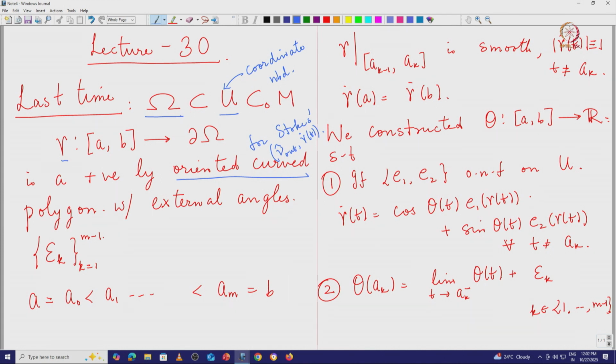Our usual convention is that we have a partition a naught up to am of the interval a to b, so that gamma restricted to ak minus 1 to ak is smooth, and we also parameterize so that it has unit speed.